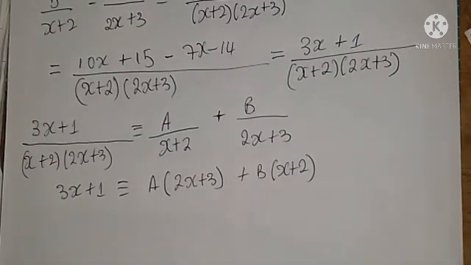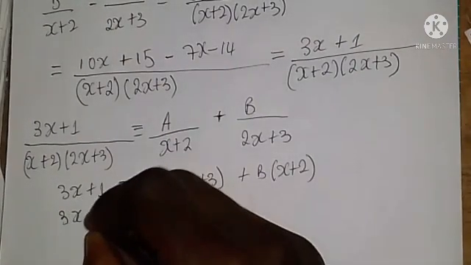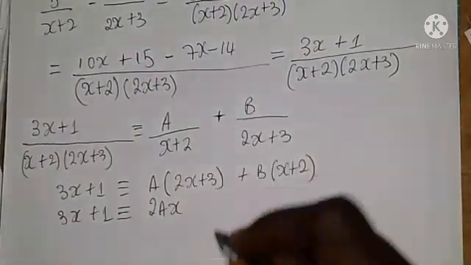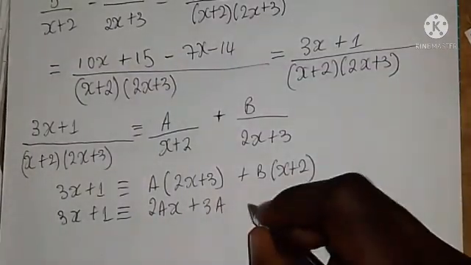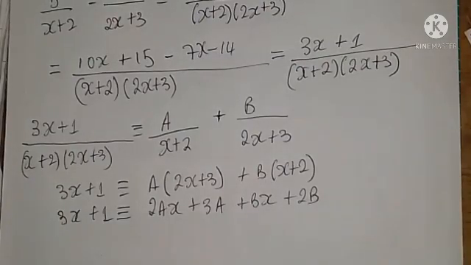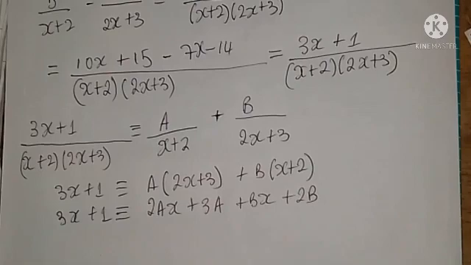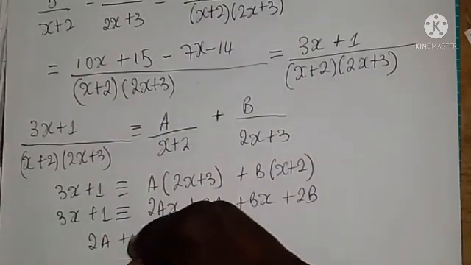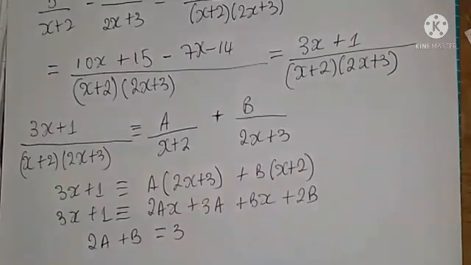Okay, and now after you have opened the brackets, we'll have 3x plus 1 equal to 2Ax plus 3A plus Bx plus 2B. So now forming the linear equation with the like terms, that is taken for each coefficient of x and the constant, or in case we had coefficient of x squared, we're going to have 2A plus B equal to 3.